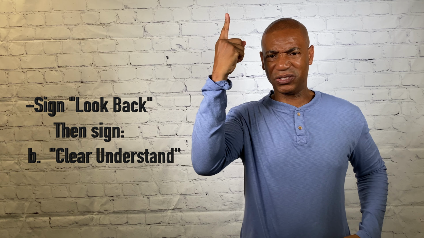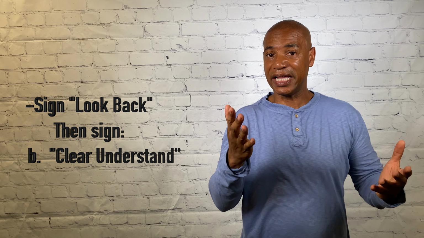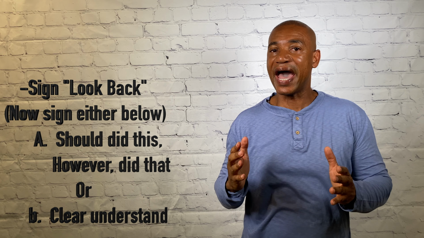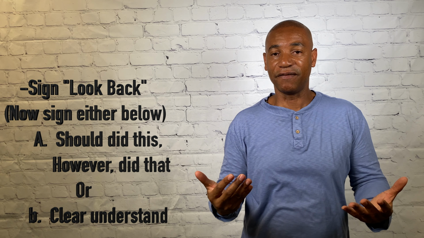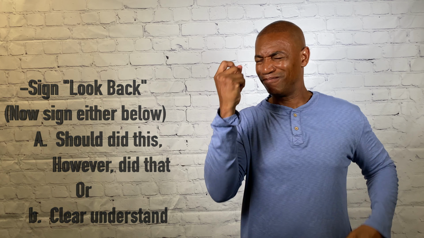However, I did. All right, there's another way to also do this sign, and that's to say, clear, understand. It's like the idiom 2020. When looking back, it's clear and obvious now. So it's clear, understand.